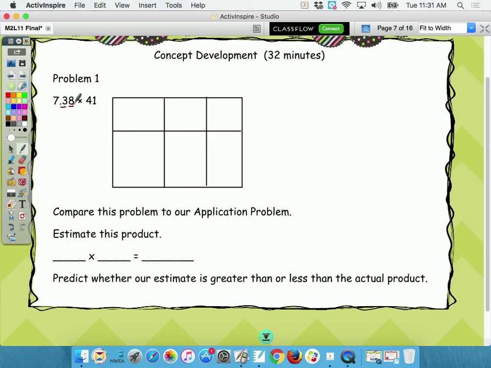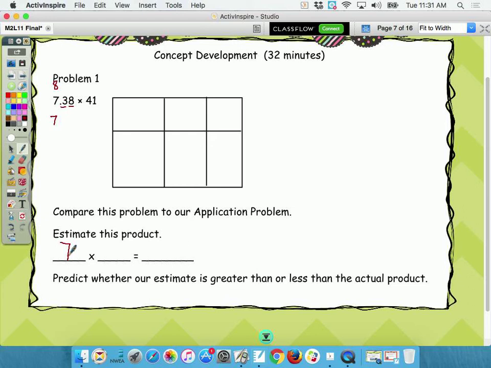So I still want to round it to the nearest whole number, if I can. So Alondra, will this be 7 or 8? Now be careful, they're trying to trick you. I'm still going to look at the tenths place. It's going to be 7. So now I know your estimating is up at the top, so write 7.